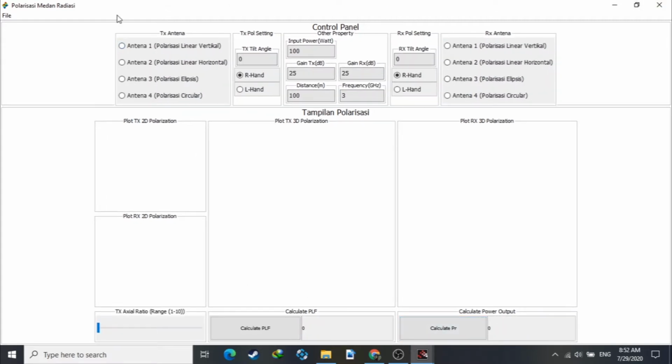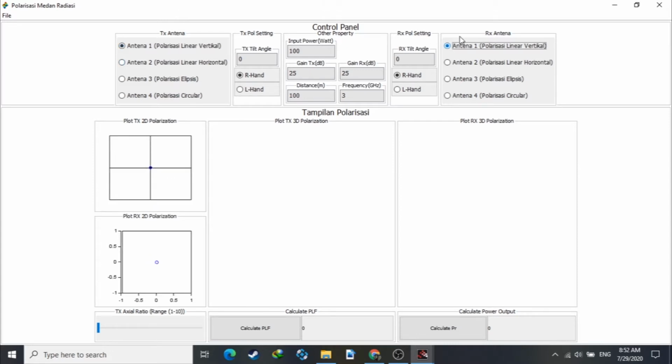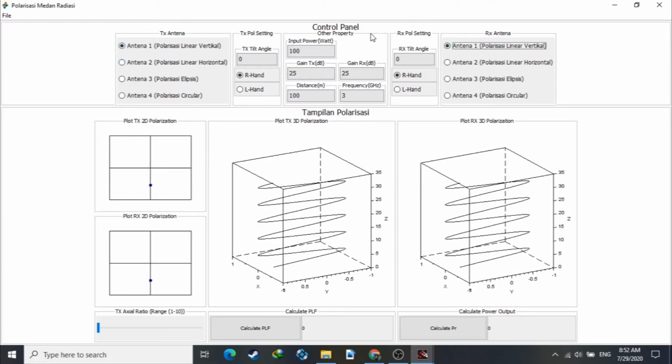It's going to open, and here we're going to do the hands-on for the first session about the kinds of polarization of antenna. So in this first section we're going to look at the polarization of antenna.